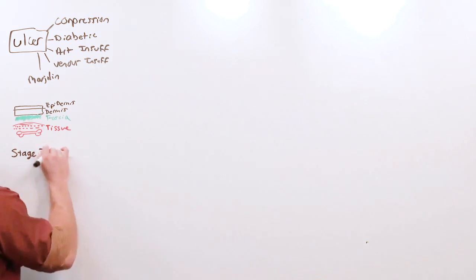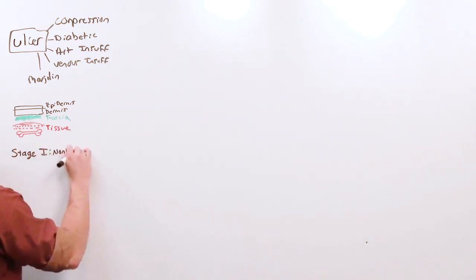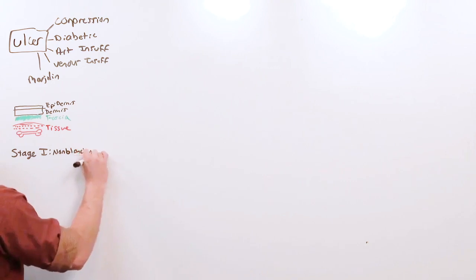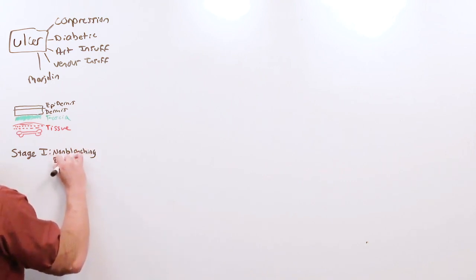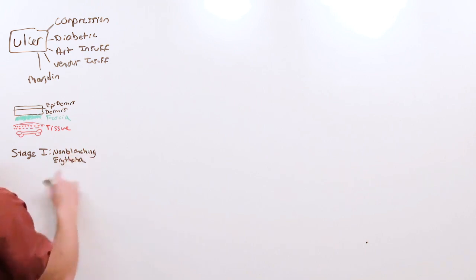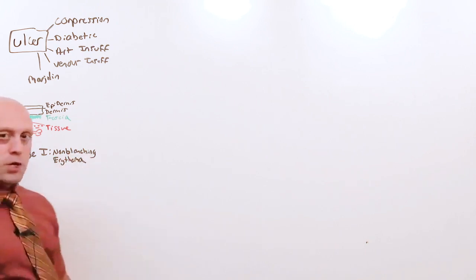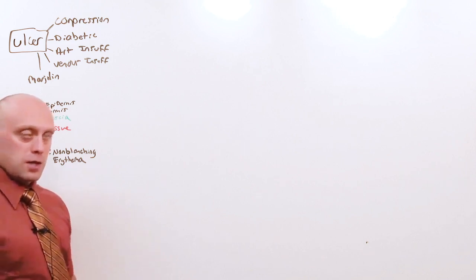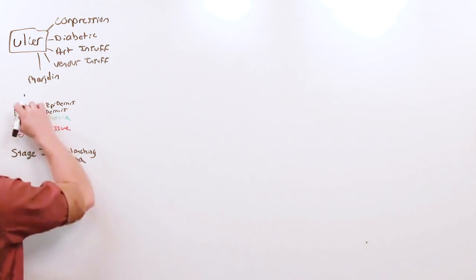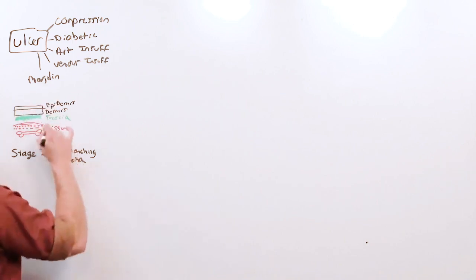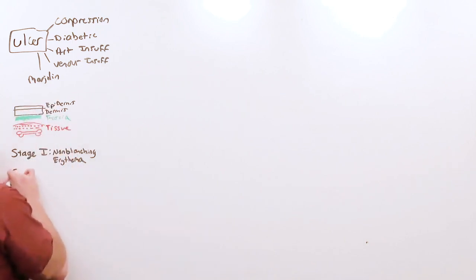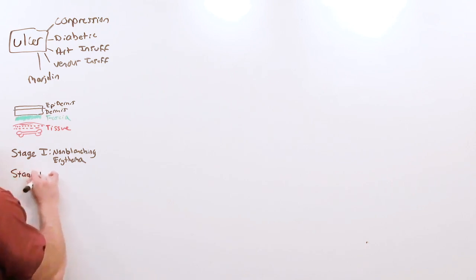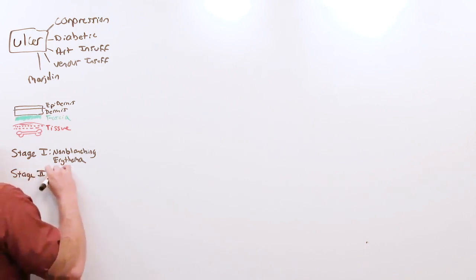Stage 1 is going to be a non-blanching erythema. You get a little red spot or ulceration that's painful on the skin, but it only goes into the epidermis and not down to the dermis. Stage 2 is epidermis and dermis are both penetrated.